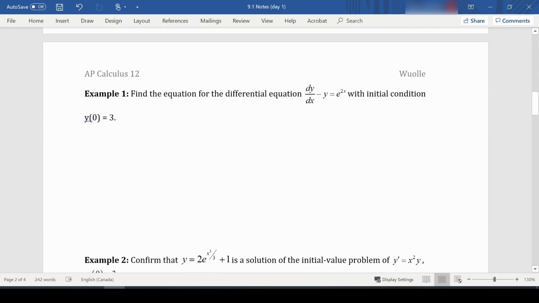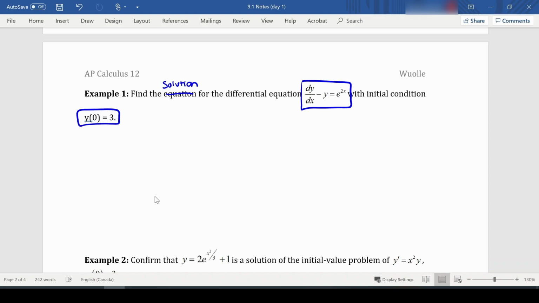So the next question is asking us to find the solution for the differential equation, the same one we were just dealing with, given an initial condition.